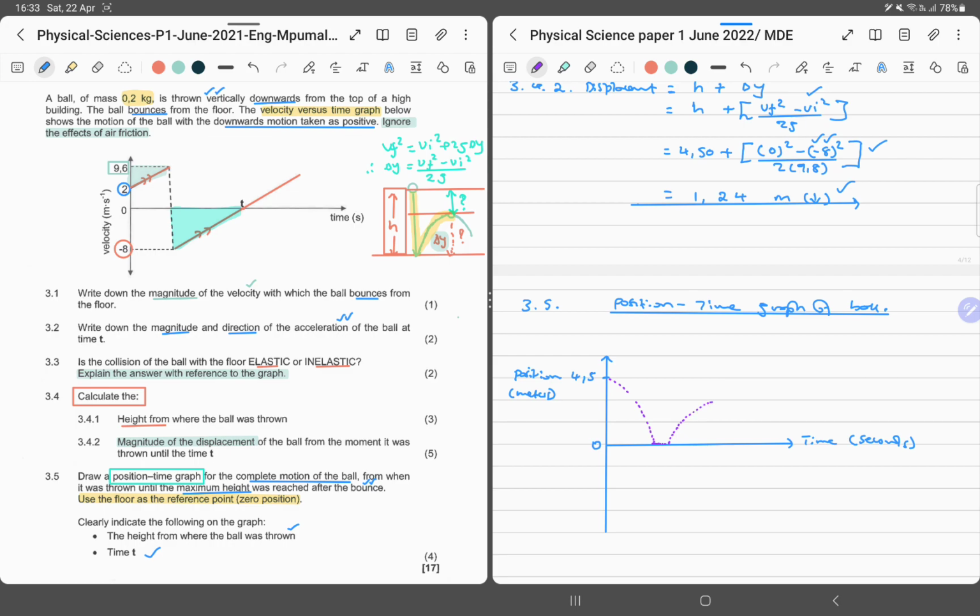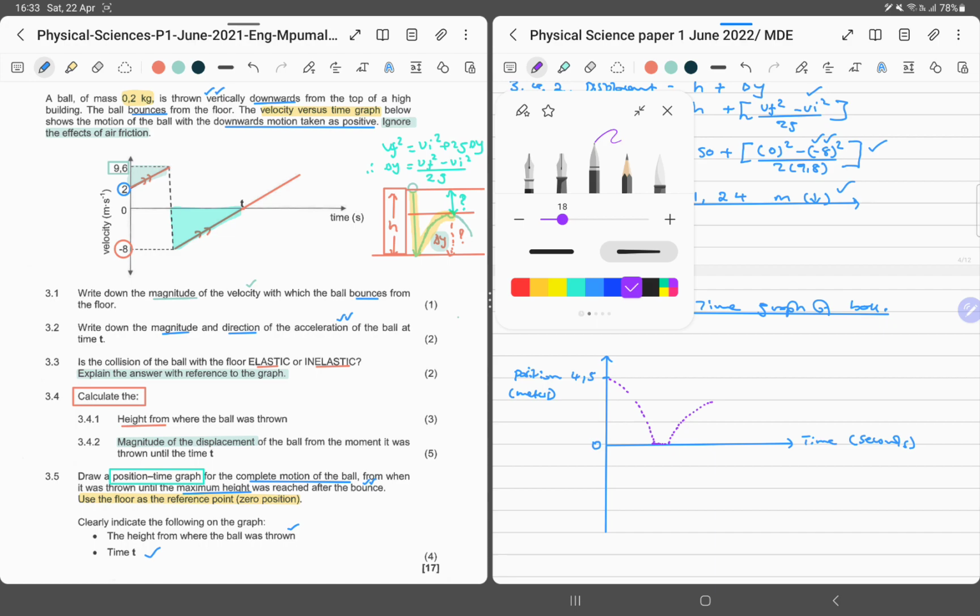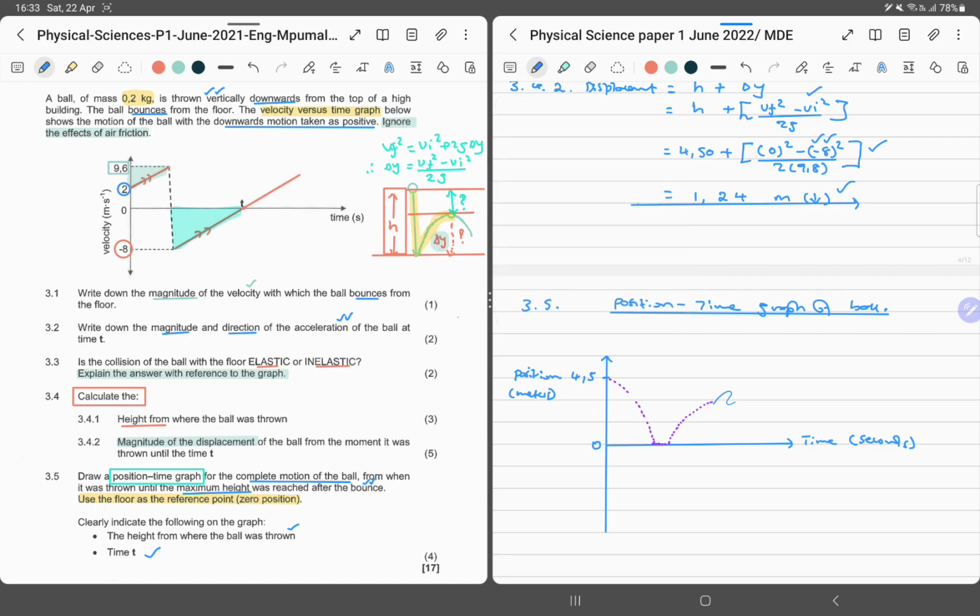So there we know that we're looking at time t. Okay, and we were never asked to calculate anything else, so we've indicated that one, and then we need to also indicate this one, this height that we reach.